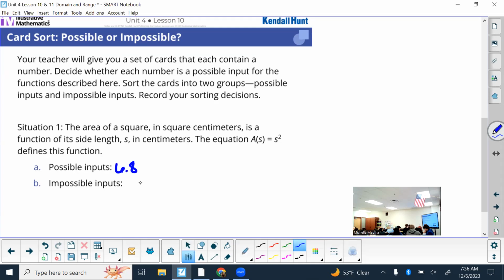Okay, I was gonna say I don't see 6 on my list, but what are my inputs representing, like in the 2 things being compared? S, which is for side length. So can you have a decimal of a side length? Yeah. So that's why it's a possible one. So side length, and then I think area is on the other side. The area depends on your side length. Table 5, can you give me another possible input?